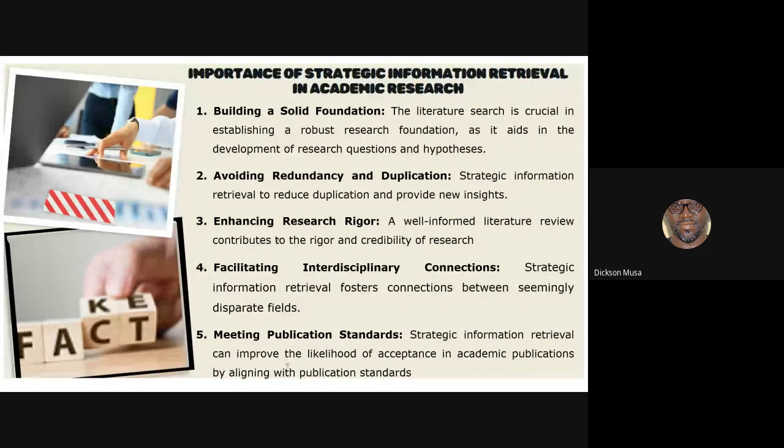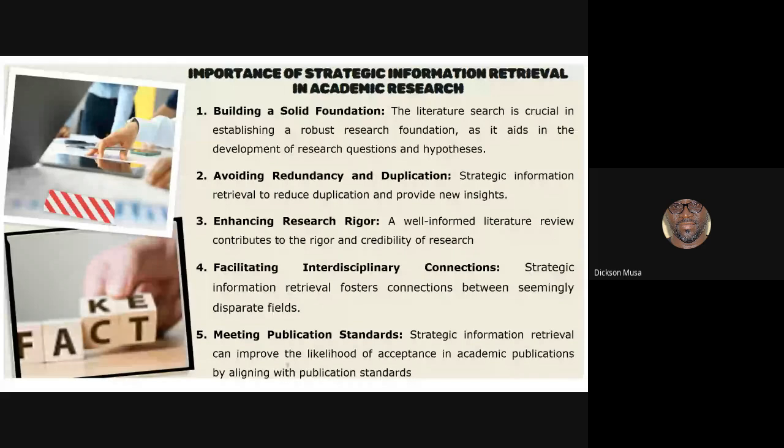If you have not done extensive literature search, you cannot identify the research gap and you cannot develop good research questions and hypotheses. So strategic information retrieval using AI tools will help to build a solid foundation in this area.